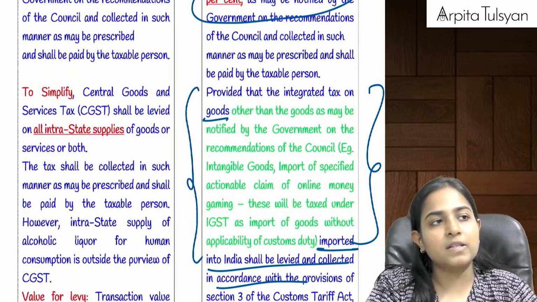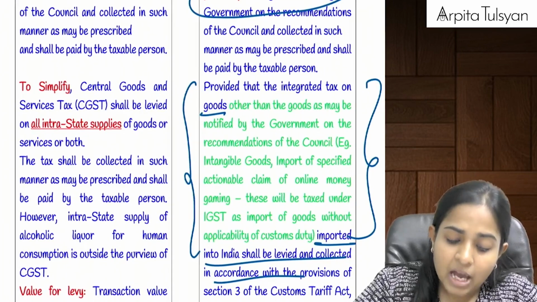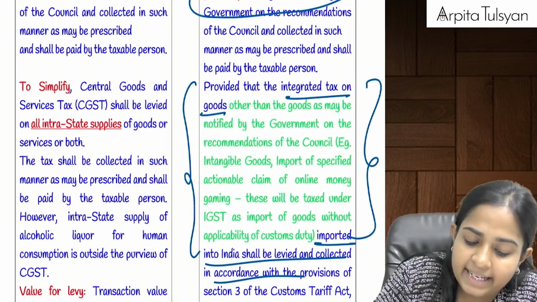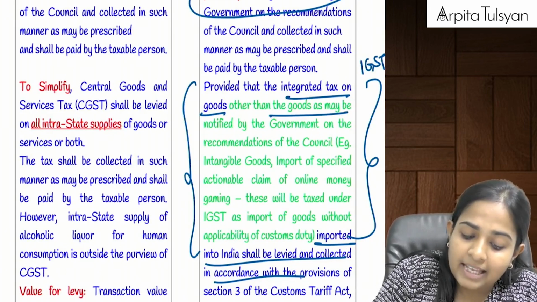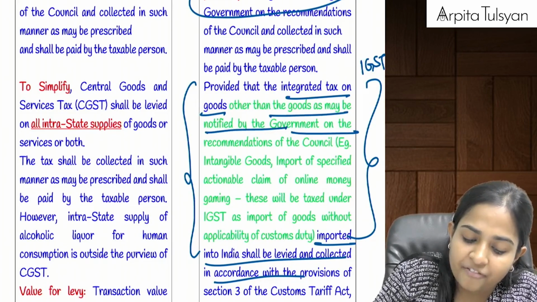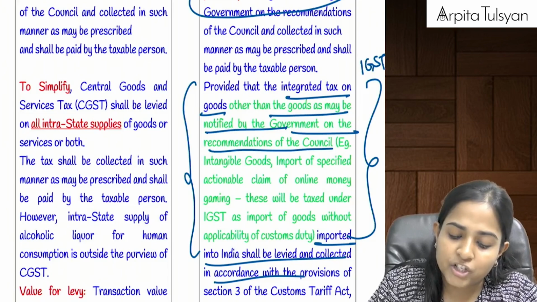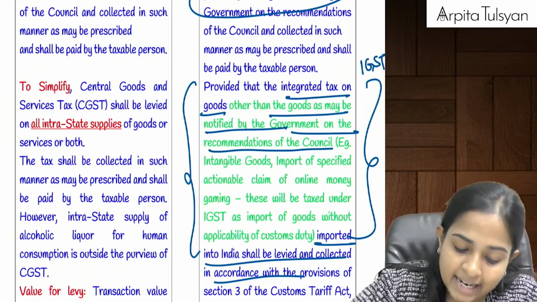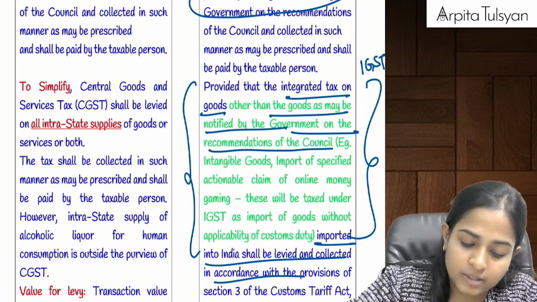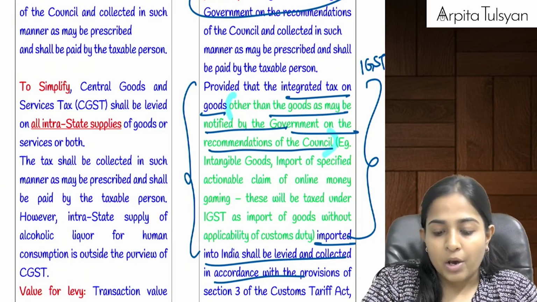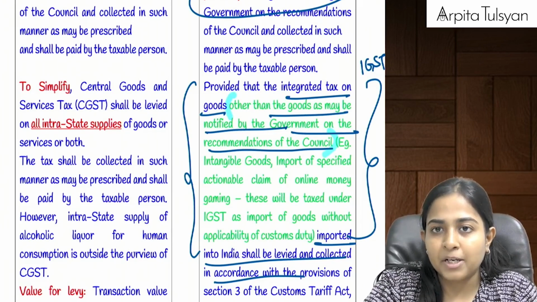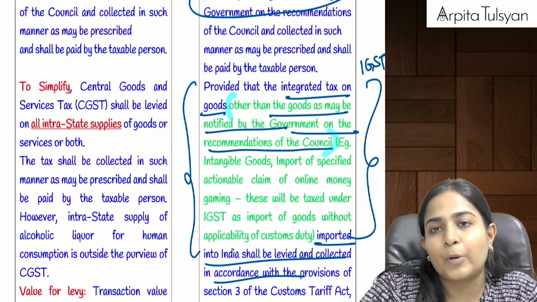Right, now see what is the amendment that is coming up here. Provided that integrated tax, that is the IGST, on goods other than the goods as may be notified by the government on recommendation of council, means they are telling that on some goods there is an exception, on which customs will not be applicable.